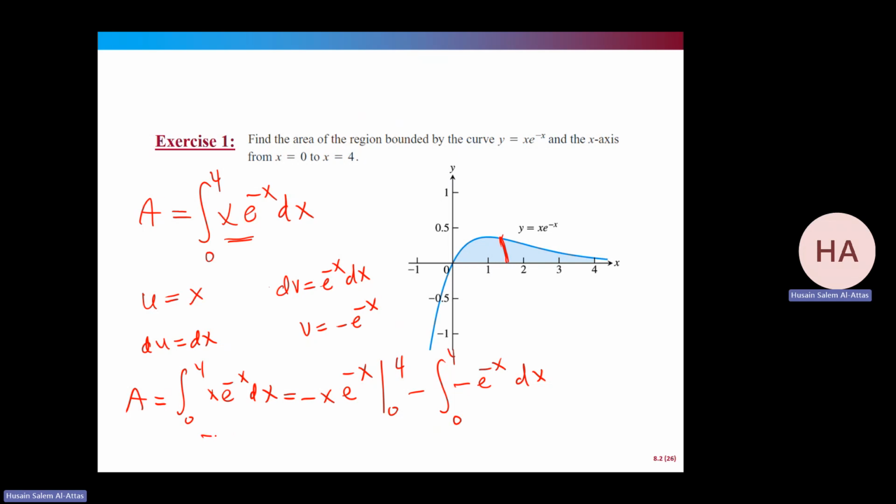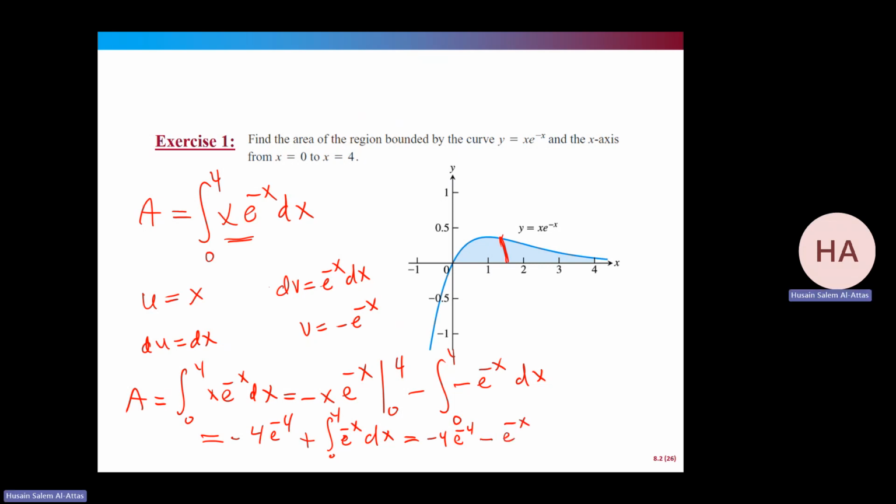So what we have, substitute, you have minus 4 e^(-4) minus 0, gone, plus integral of e^(-x) dx from 0 to 4. That gives me minus 4 e^(-4). What is this?